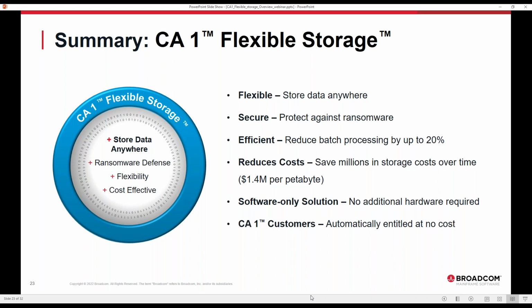And of course, we can save you quite a bit of money, whether it's cost reductions for writing data into the cloud or using cheap commodity storage on-prem. This is a software-only solution. There's no additional special hardware that you need to write to the cloud, and there's no Linux environments that you need. And of course, all CA1 customers will get these enhancements at no additional charge.